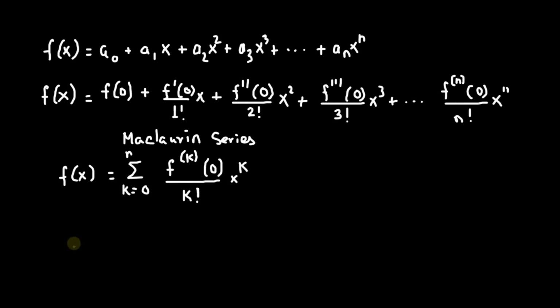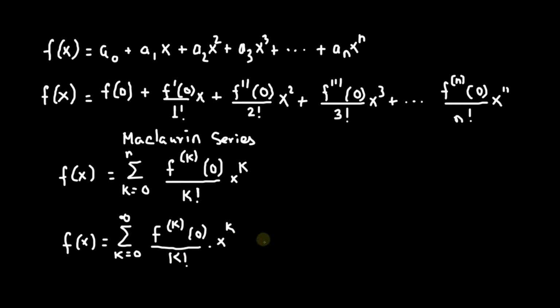If we extend it to an infinite number of terms, then we will have f of x equals the summation, k going from 0 to infinity, of the kth derivative of f calculated at 0 divided by k factorial times x raised to the power of k. So this is for an infinite number of terms, and this will be the finite number of terms.